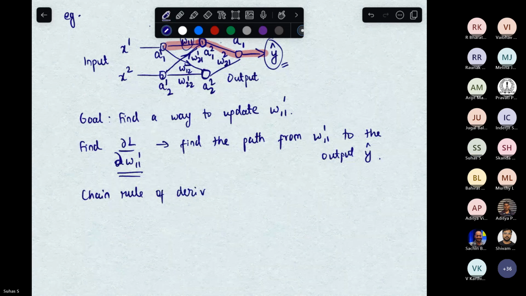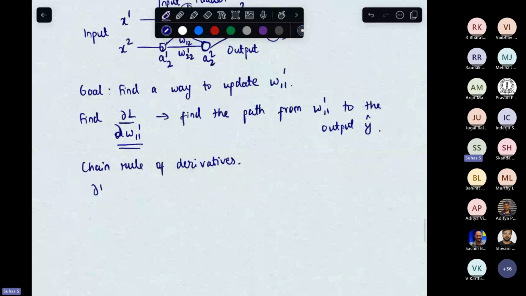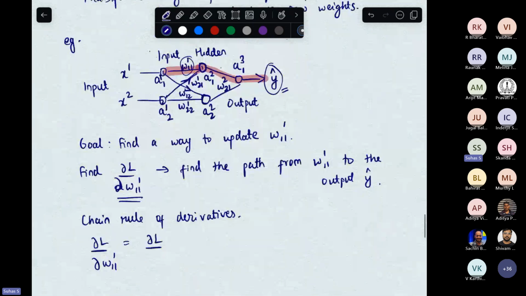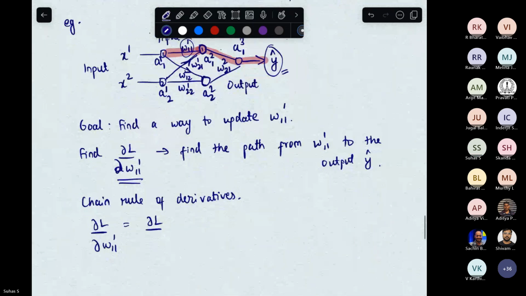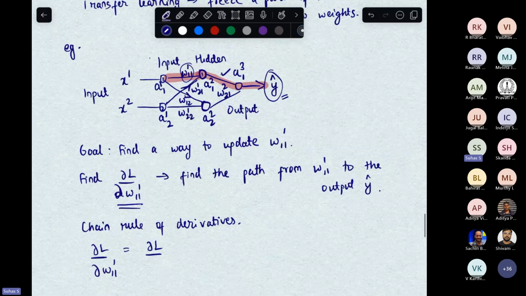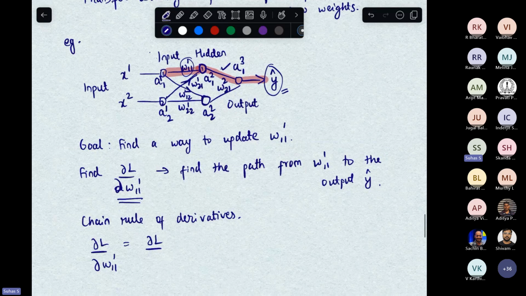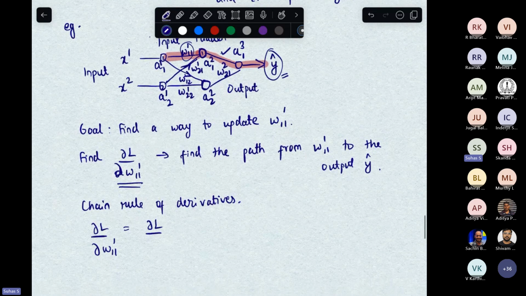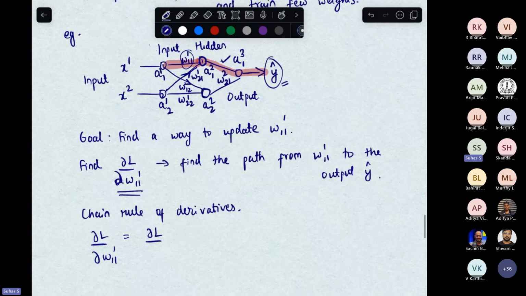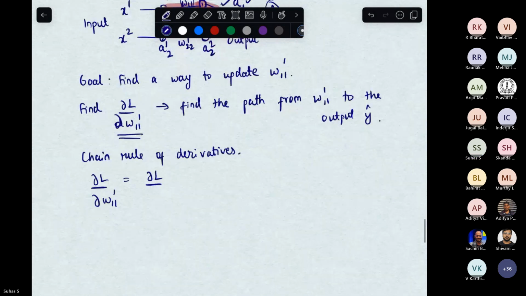Now, the way we do this is using the chain rule of derivatives, which says that the derivative of L with respect to some weight is equal to the derivative of the loss with respect to what it came from. So L by, it came from this path, right? So that path is it came from W21, the weight W21. Okay, sorry. Before that, it came from A13.